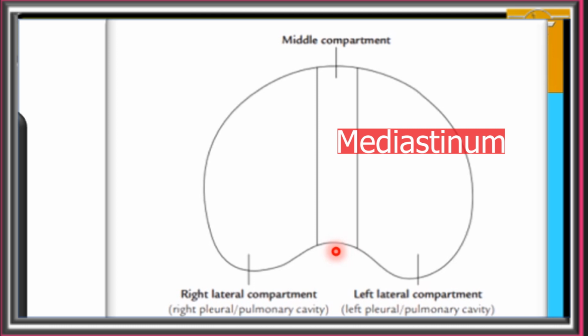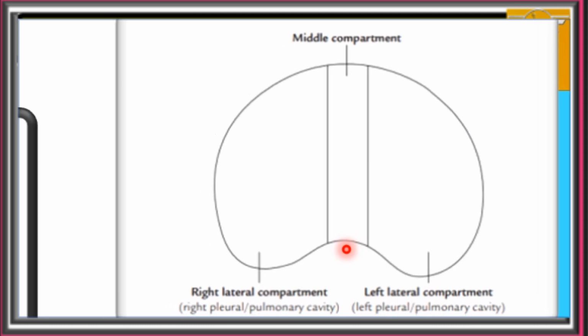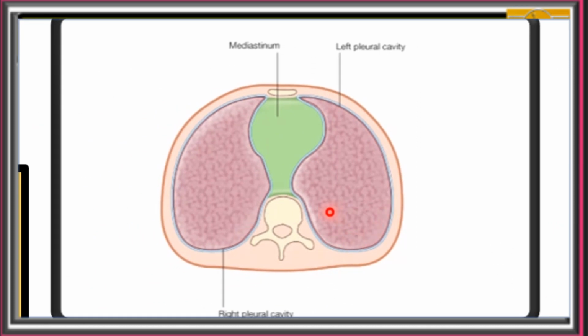This illustration of the 2 pleural cavities, right and left, and then the central mediastinum, will help us to understand the adult view of the pleural cavity.